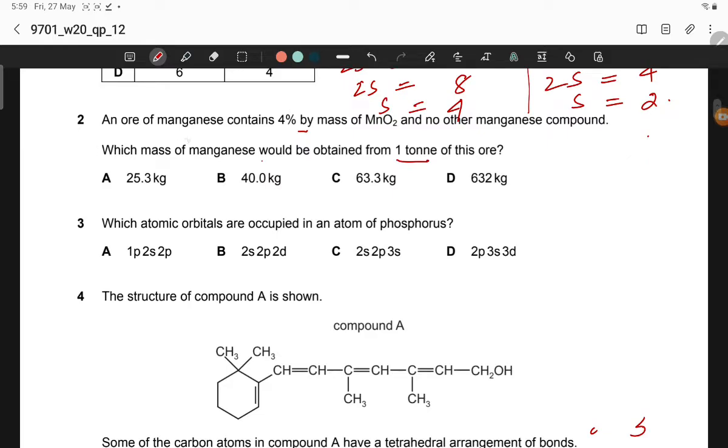Question number 2. An ore of manganese containing 4% by mass of MnO2 and no other manganese compound. Which mass of manganese would be obtained from 1 ton of this ore?